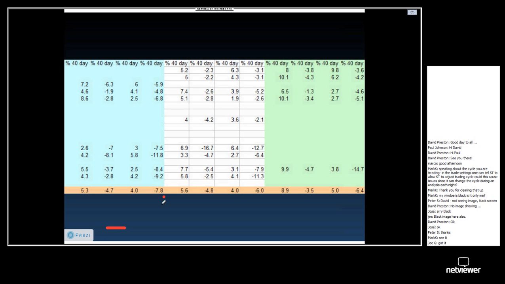Now, the next statistic that is presented to you has to do with the percentage price move. So let me turn on my whiteboard again. The percentage price move. When you're about to trade the 40-day cycle and you've got a negative underlying trend, which is all of that section, or a neutral underlying trend, or a positive underlying trend, you want to know what is the average percentage price move that I'm going to get.